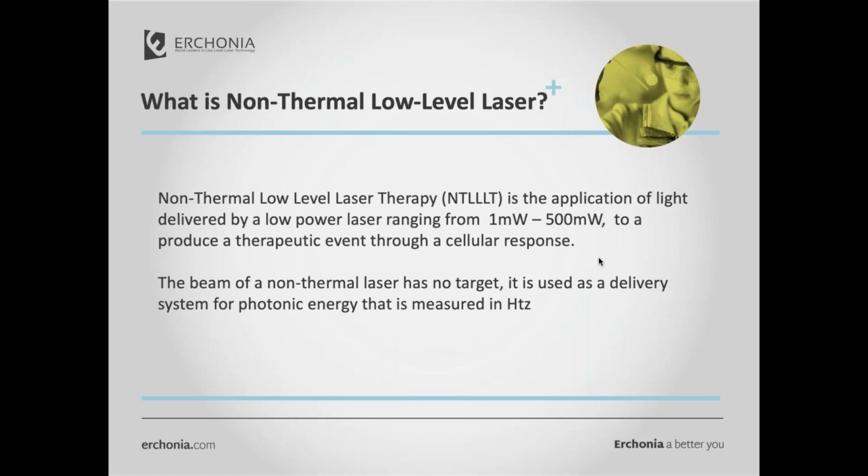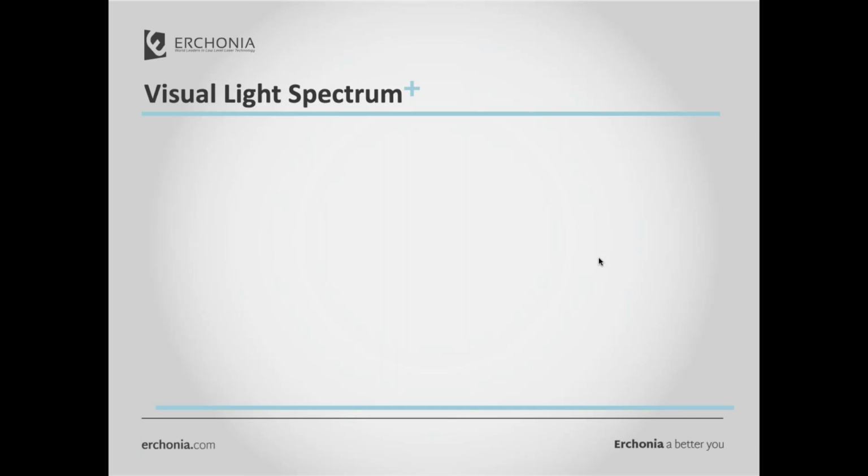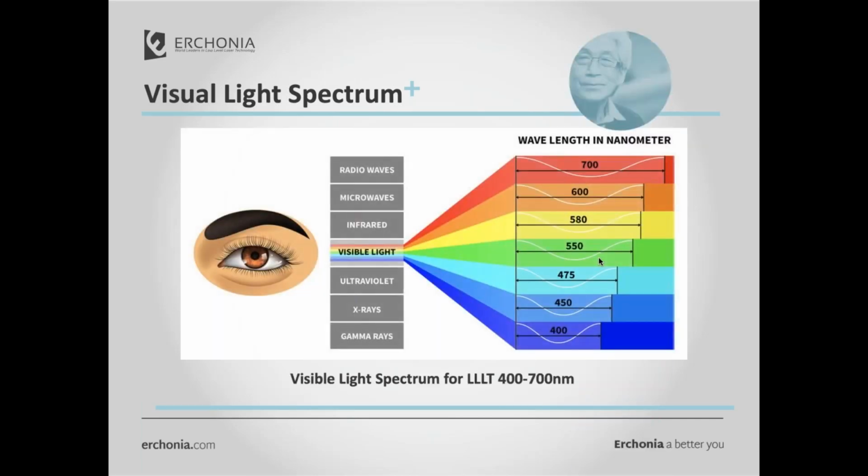We then piggyback onto that the photon energy, which interacts with your cells and creates the therapeutic event. What we're actually talking about is visible light from the visible light spectrum, which for most of us humans is from 400 to 700 nanometers.